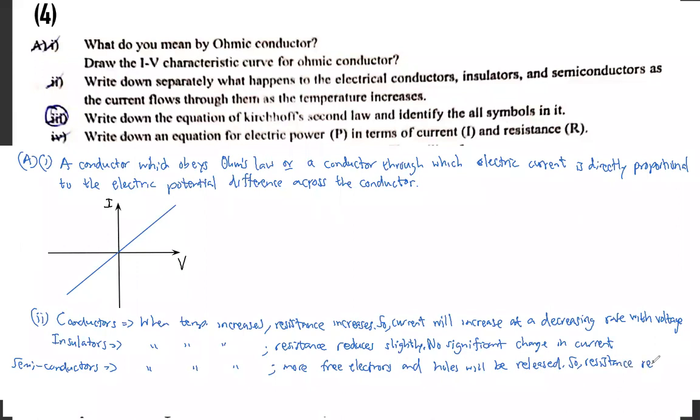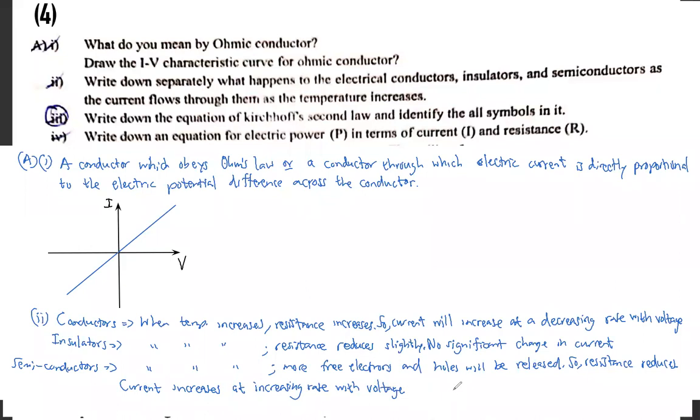If resistance reduces, what will happen to current? Current increases at an increasing rate with voltage. Okay, that is Roman 2.